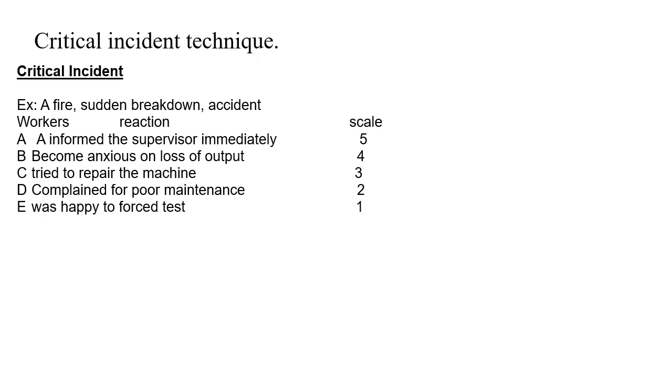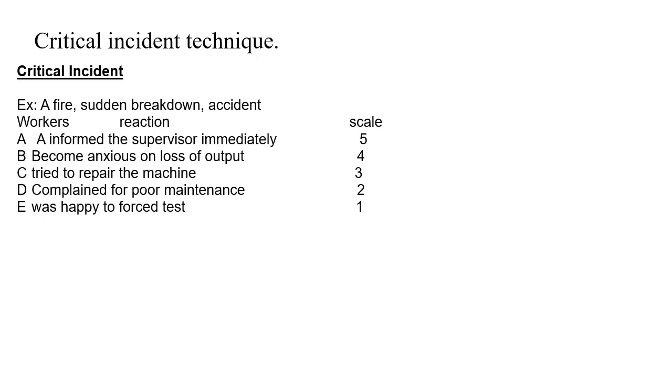The reaction of the worker: worker A informed the supervisor immediately. Worker B became anxious on the loss of output. Worker C tried to repair the machine on his own. Worker D complained of poor maintenance. Worker E was happy to force test.